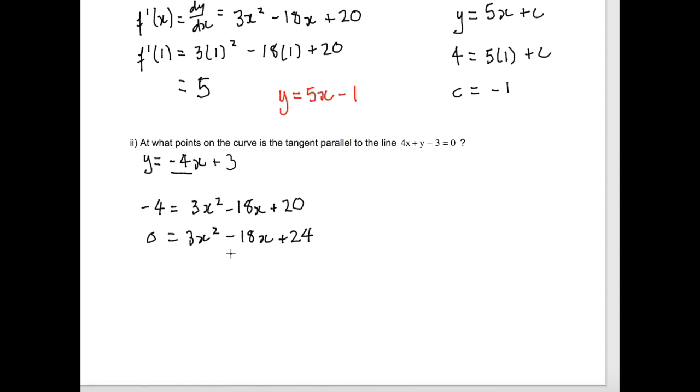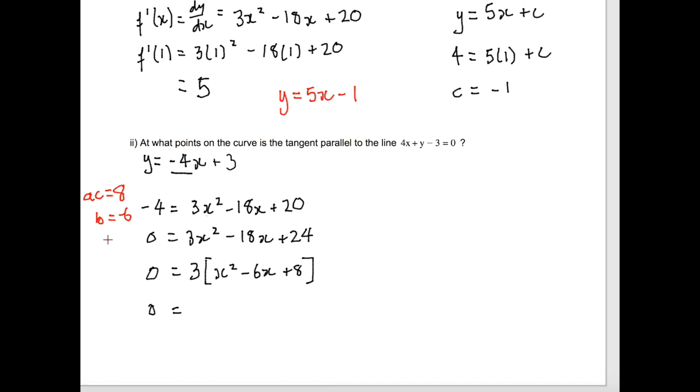Then from here, we need to use our quadratic solving skills. We're going to take 3 out as a factor to make our life a lot easier. So it's going to be x squared minus 6x plus 8. Now all we have to do is factorize the inside bit and remember to carry the 3 in. So 0 is going to equal, well, what multiplies to give AC, which is 1 times 8, which is 8, and B, which is -6?